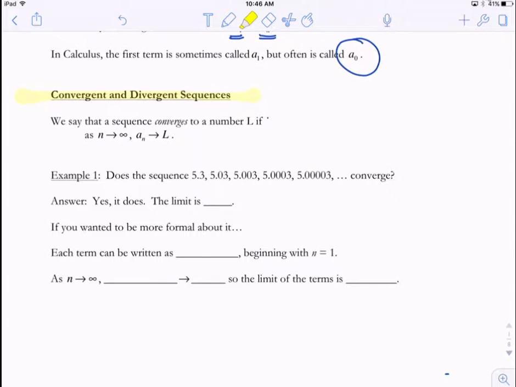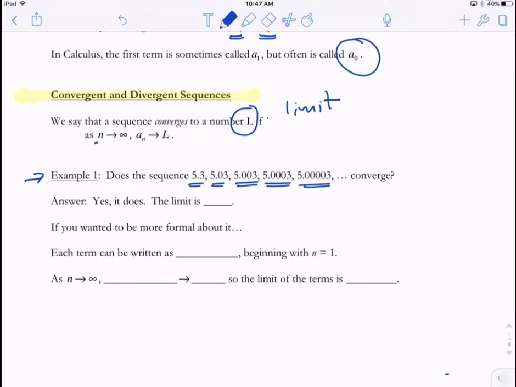One of the questions that we need to talk about in calculus is whether sequences converge or diverge, right? What it means for a sequence to converge is that the terms eventually get closer and closer and closer to a particular number L, which stands for the limit. So, for example, if you look at this example 1, here's my first term, my second term, my third term, my fourth term, my fifth term, they appear to be getting closer and closer to a particular number.